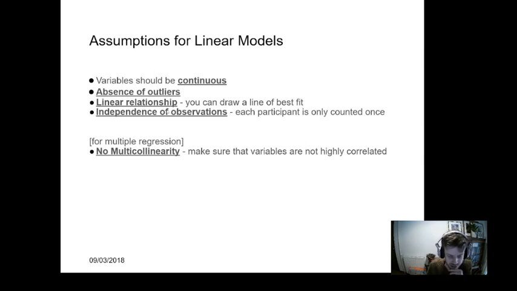And I've actually misread that one. So independence of observations means each observation, each point on your graph, needs to be a separate point rather than a repeated point. You don't want the same person in the same data set multiple times. Each person should be in the data set one time, if you're looking at students, for example.